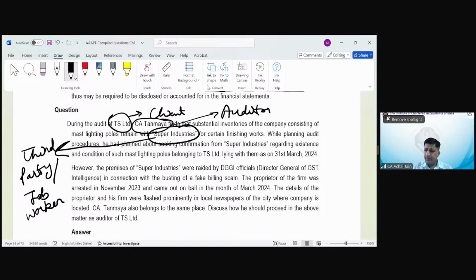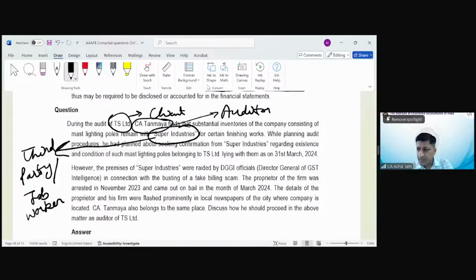See, we have to worry about our client only, not the other client. We have to send the confirmation, negative confirmation or positive confirmation, based on our audit procedure or risk of material misstatement. If you know all these things, always the positive confirmation is very good.